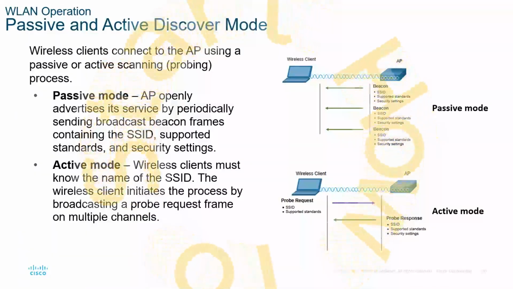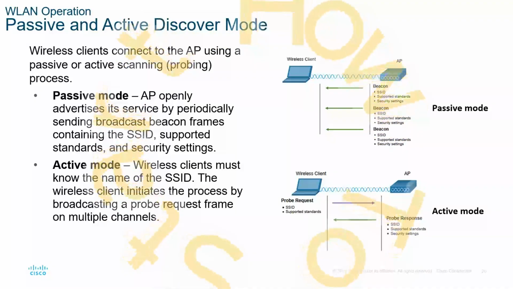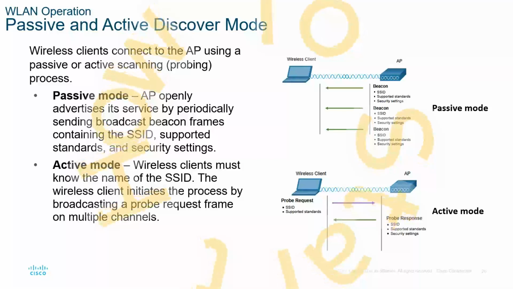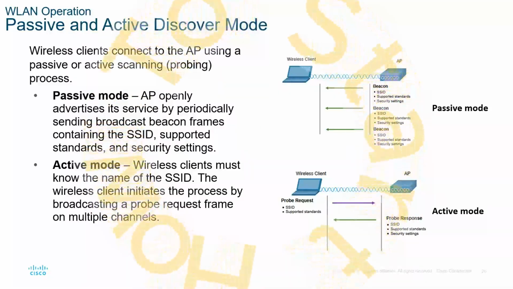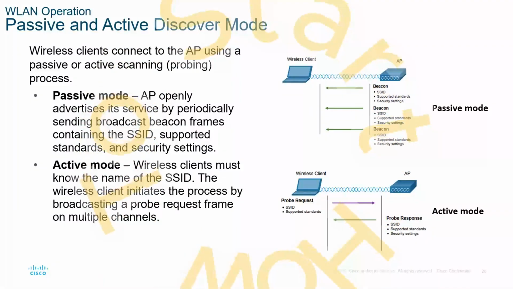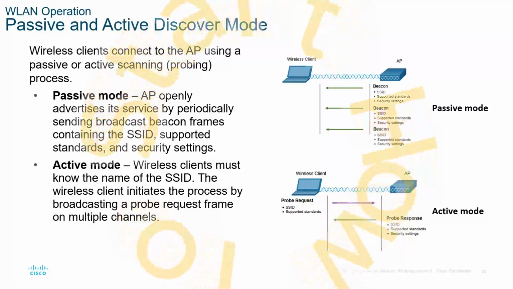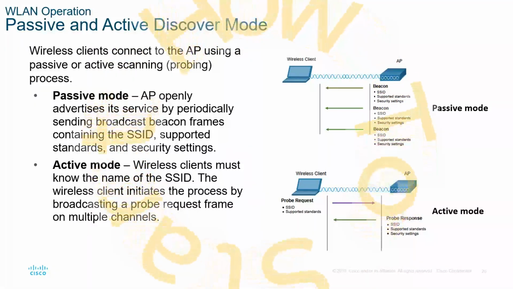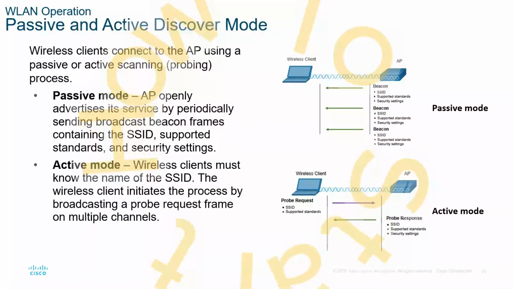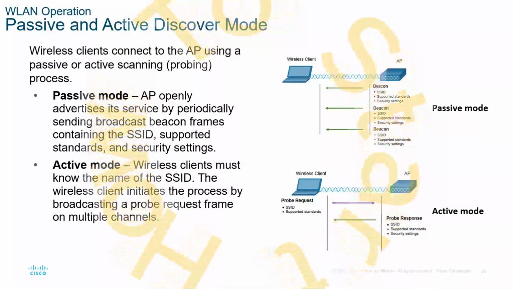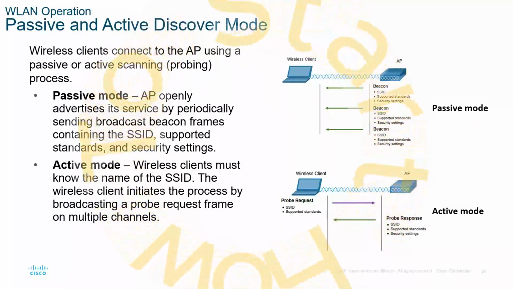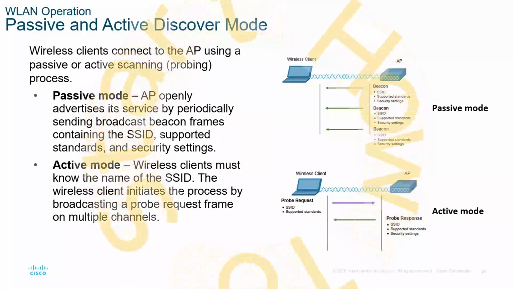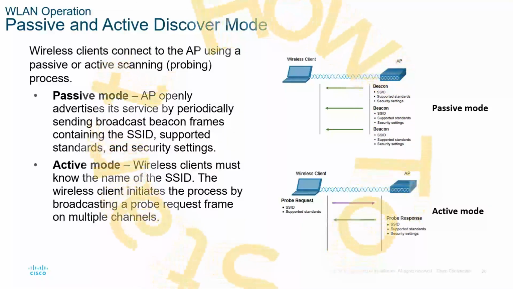So the discovery mode can actually happen in one of 2 ways, passive or active mode. In passive mode, the wireless client will just sit and wait. The access points will broadcast beacons with the SSID, supported standards and security settings. In active mode, the wireless client will send out what SSIDs it knows about and what supported standards it knows about, hoping that an access point in range knows about it and allows for the connectivity.